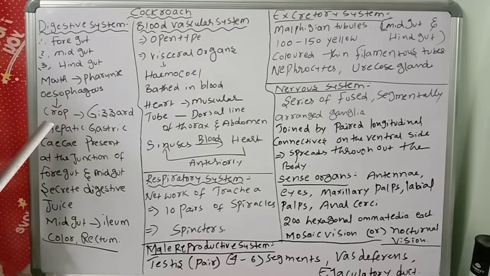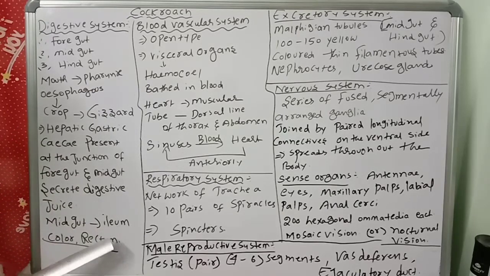Next, hepatic or gastric caeca are present at the junction of the foregut and midgut. There we will see the hepatic caeca. They are helpful for the secretion of digestive juices.